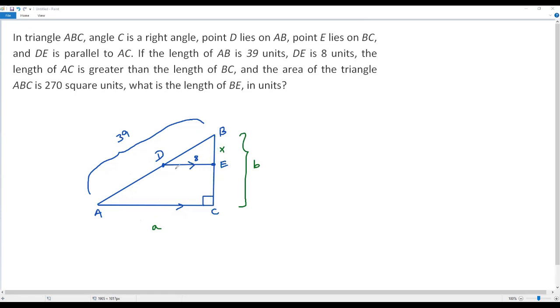Whenever two parallel line segments are intersected by a third line segment, it is called a transversal. Here this line segment AB is a transversal, this line segment BC is also a transversal, and the angle over here and the angle over here are called corresponding angles, and they are equal in measure. And since BC is a transversal, the angles over here are also corresponding angles, and they must be equal in measure.